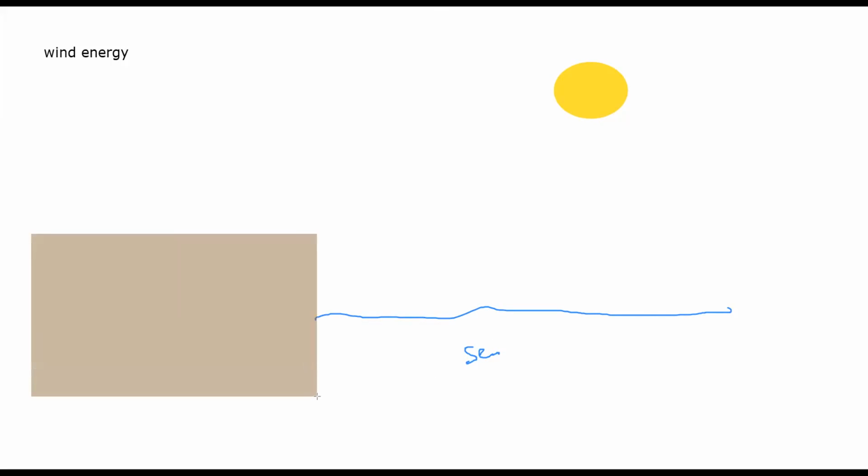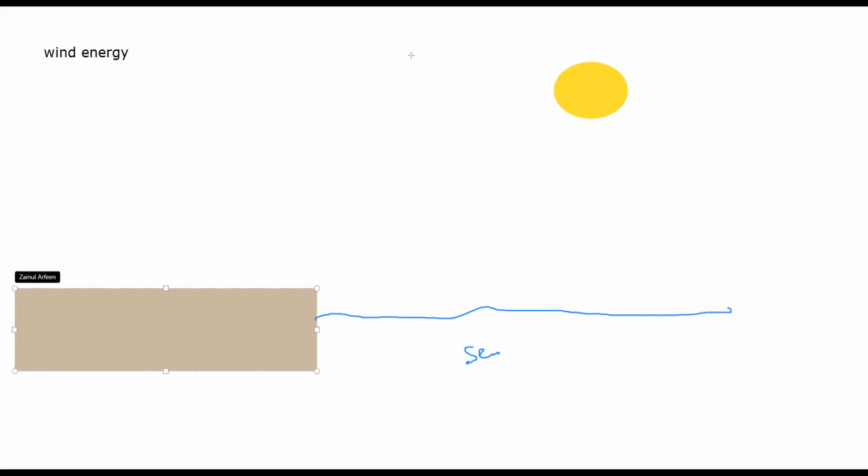How does wind energy form? The sun is providing heat energy to both. It's heating the part of the earth which is facing it. That part absorbs the energy. That part consists of sea as well as land. But as you know, the size of the sea compared to the land is much larger, only 30% is land and the majority, 70%, is occupied by water.